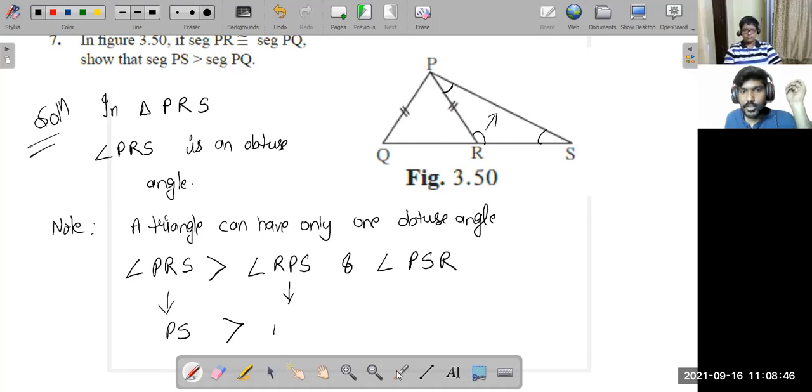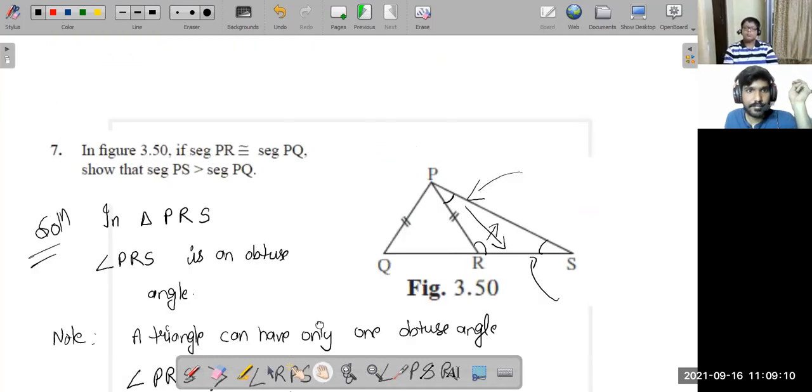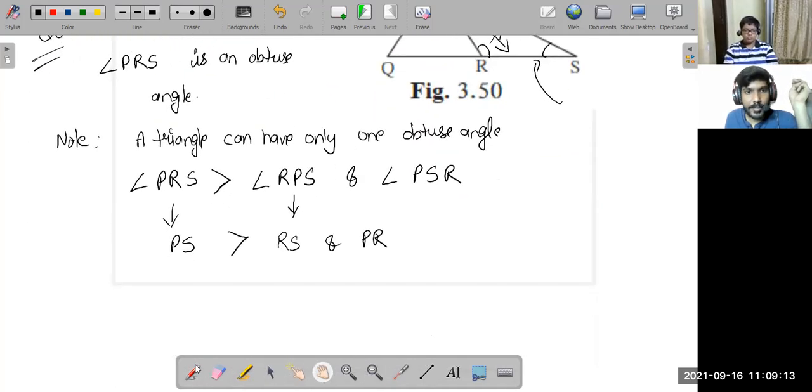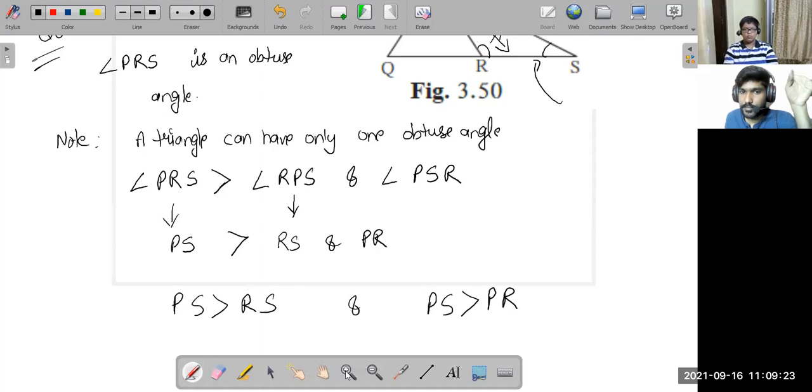RPS means this angle here, and the side opposite to it is RS. And which is the side opposite to angle PSR? That is this one, PR. That means PS is greater than RS and PS is greater than PR. Did you understand this?